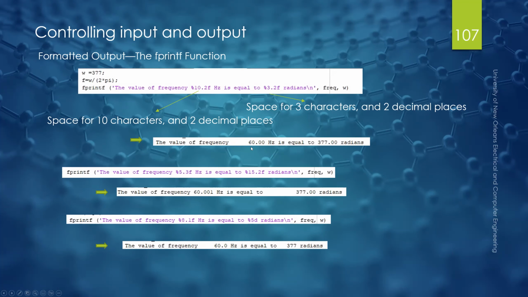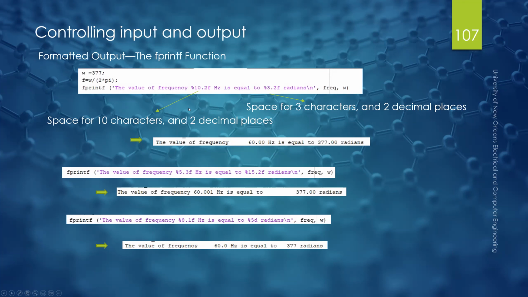So you see a little more space in there if you need it, of course. Sometimes it's useful when you're tabulating information. But again, it's using 2 decimal places, and in this case, it's using a space for 3 characters and 2 decimal places.